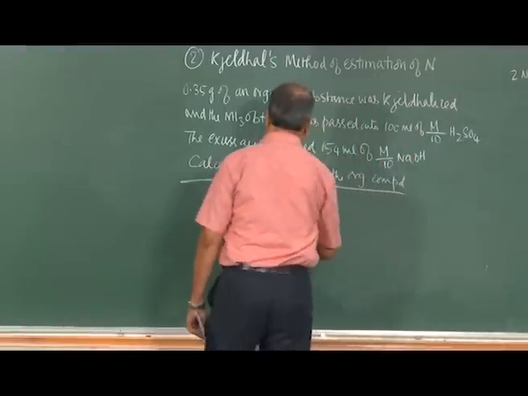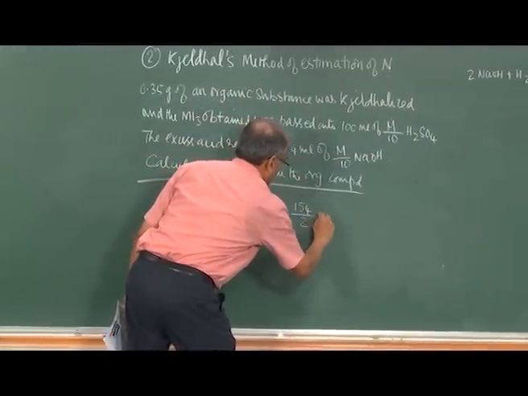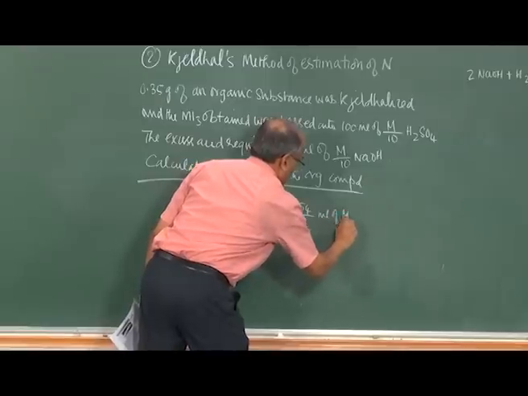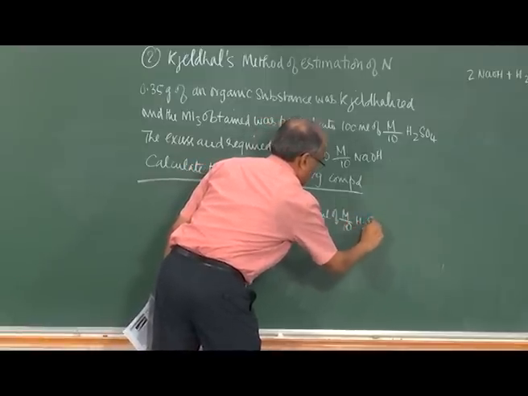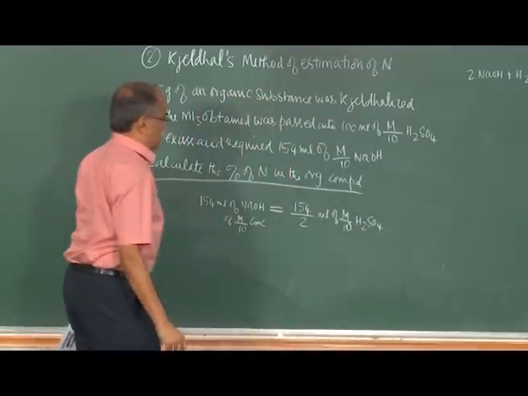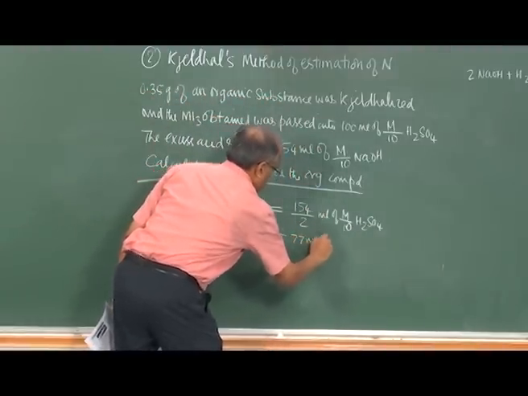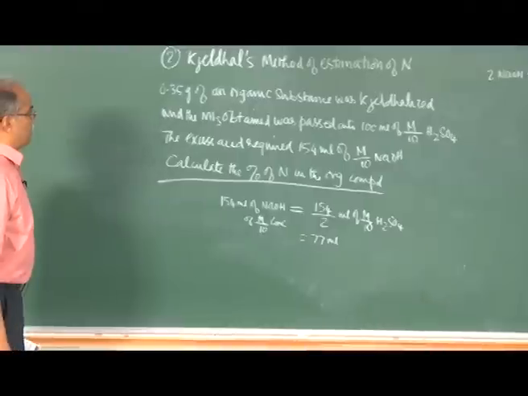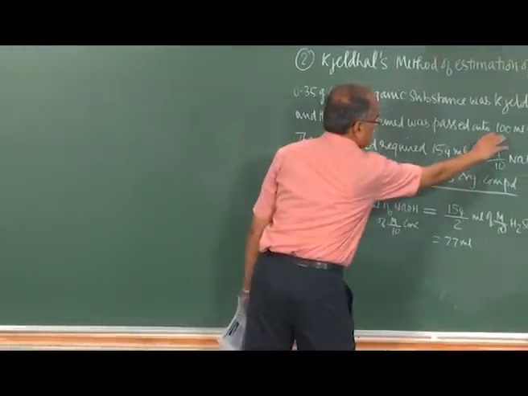So, this will correspond to 154 divided by 2 milliliters of M/10 sulfuric acid, which is 77 milliliters of sulfuric acid. Originally, the amount of sulfuric acid taken is 100 ml.